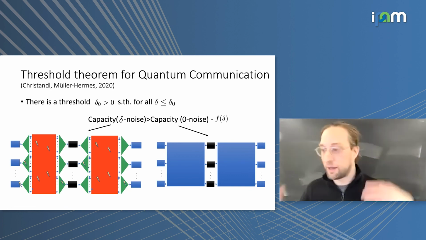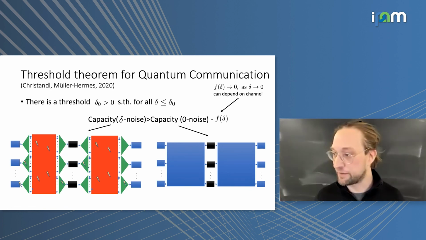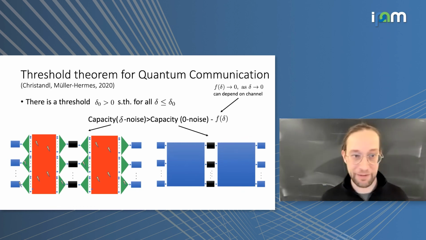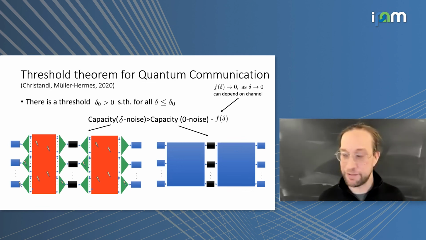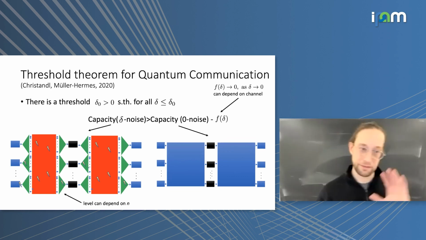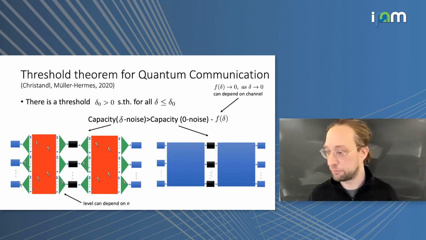It will be lower by a function f of delta, which goes to 0 as delta goes to 0. So it's basically the best that you can hope for. The f depends on the channel, but I don't think that matters so much. And the level here depends on n, but that also doesn't do much. It's all in the framework, just as a clarification.